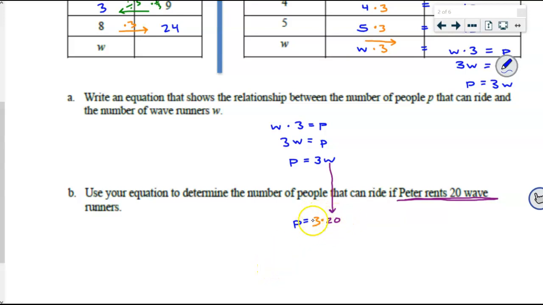You all know how to do this calculation. You have calculators if you can't. 20 times 3 is equal to 60. So I just take the information that it gives, I substitute it into the equation, and then I simplify or solve. P is equal to 60, so in other words, 60 people, making my abstract answer quantitative. 60 people can ride 20 wave runners.